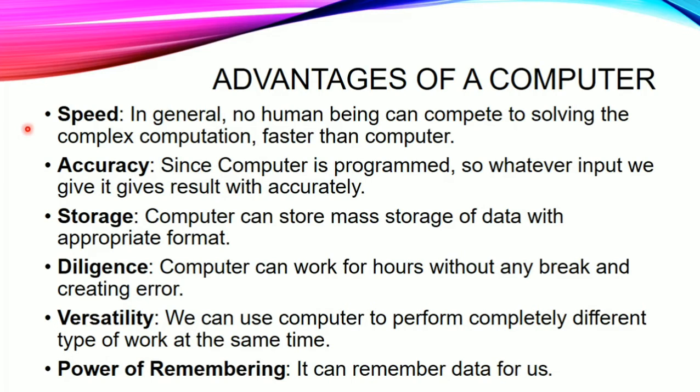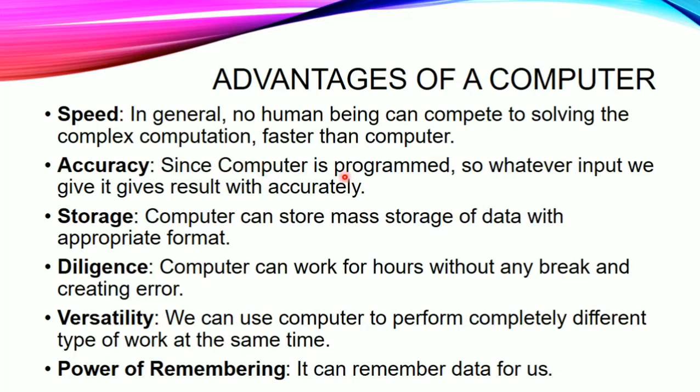The first advantage of our computer is its speed. In general, no human being can compete with a computer in solving complex calculations, because a computer can solve millions of calculations in a second, which makes it faster compared to humans. Next is accuracy.